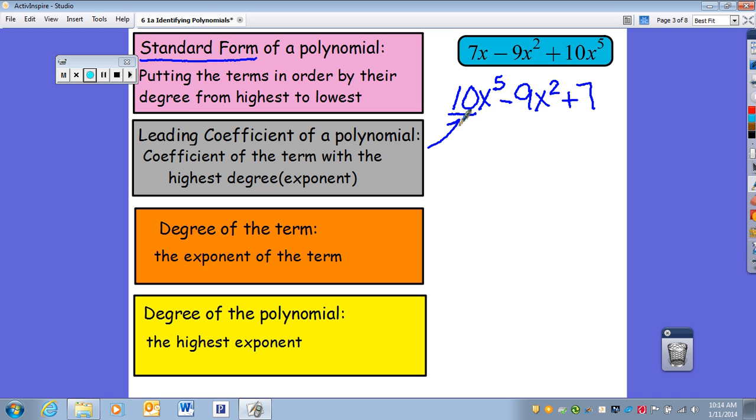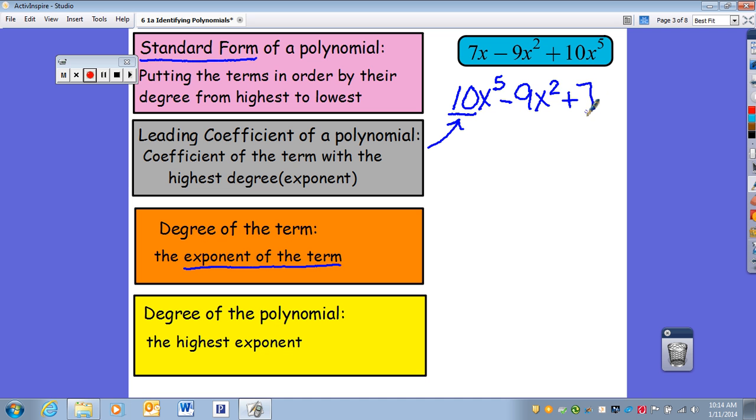The degree of each term is the exponent of that particular term. So in this case, the 10x to the fifth, the 5 or fifth power would be the degree of that term. In this particular term, negative 9x squared, the 2 would be the degree.